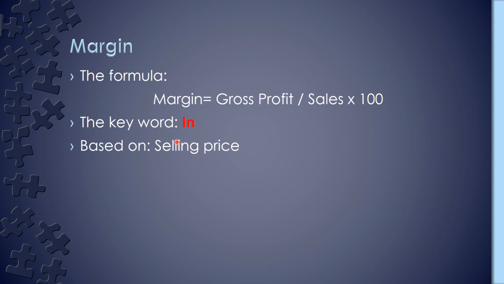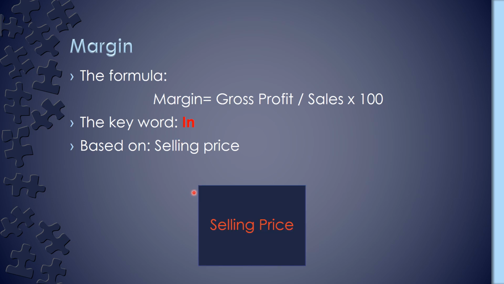I drew this out when I was first thinking about margin and markup and trying to get my head around it. We have our selling price, and the way I like to think of it is that to get to the selling price, you have to include a number of things. You've got your cost of sales, and you've got your gross profit. Whatever your product costs, plus whatever your profit is on that, will equal how much you're going to sell that product for.